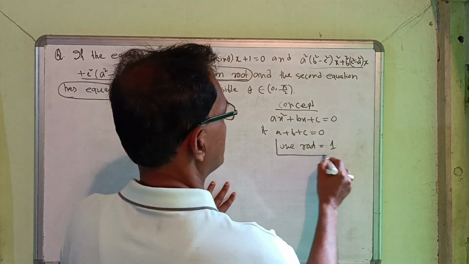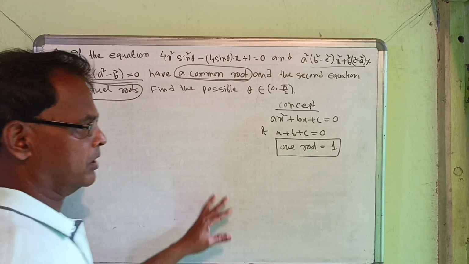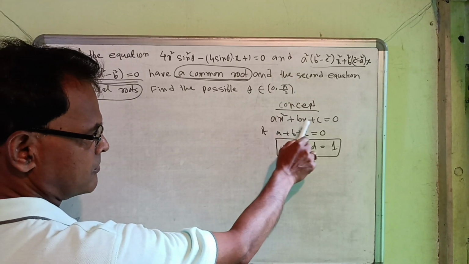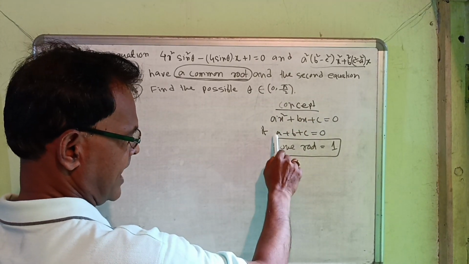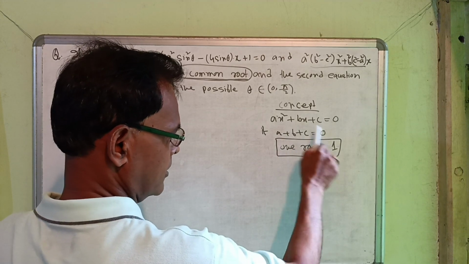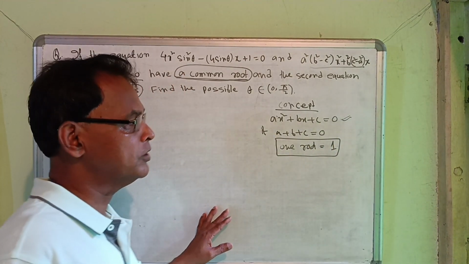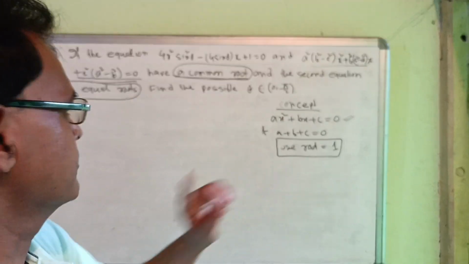That is a very important concept. That is, the coefficient of x square, the coefficient of x and the constant term, the sum of these three terms is equal to 0, then this equation has a root 1, always 1.